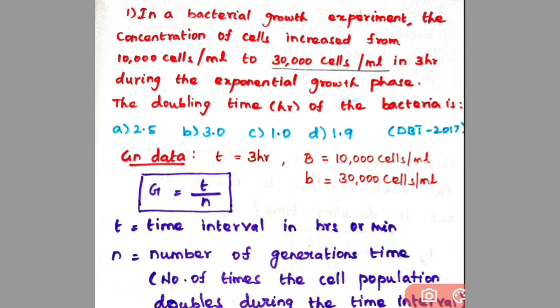Then they are asking the doubling time of the bacteria. The options are A 2.5, B 3.0, C 1.0 and D 1.9. And this is a DBT 2017 question.